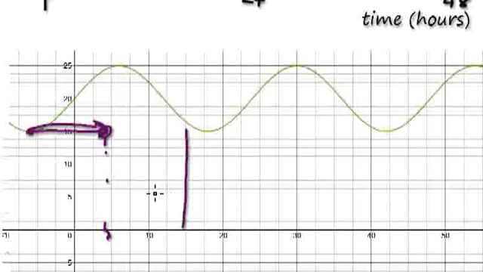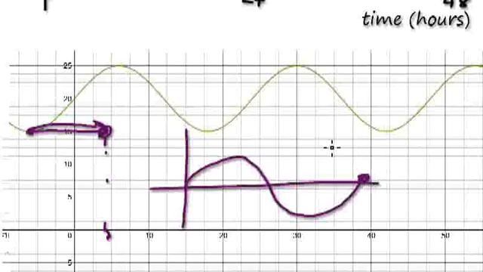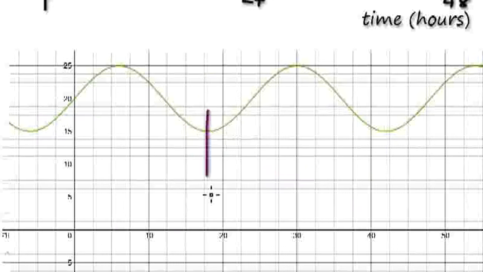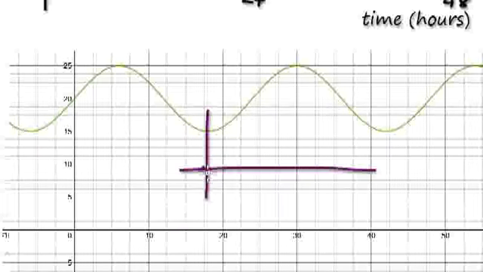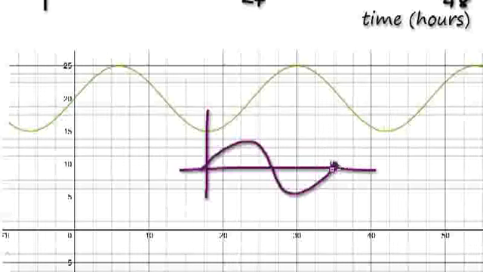But let's look to see what's going on here. Our normal sine of x is 360. By us doing sine 360 over 24, we produced a period like this, so it's 24 hours.